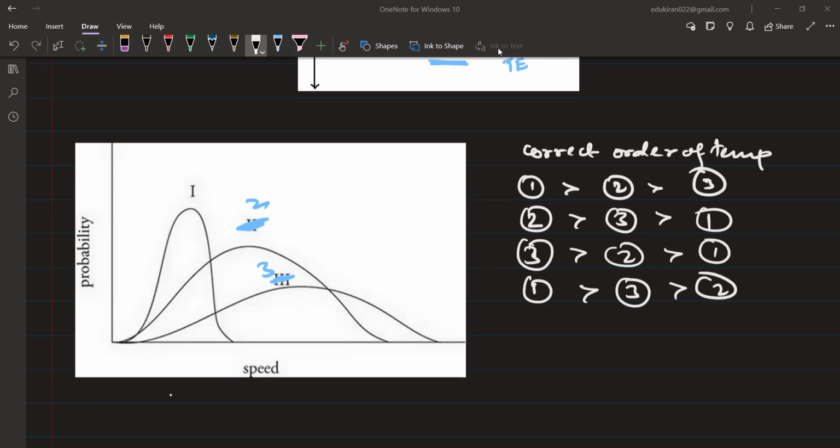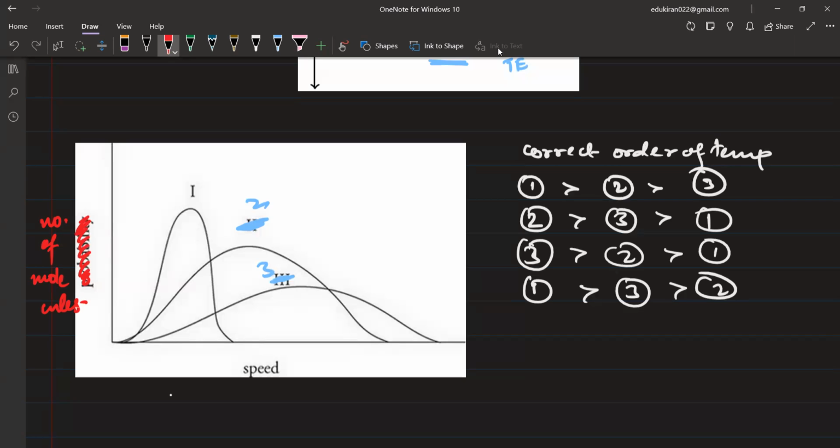The number of molecules, I mean the fraction of molecules, you can say. You can take this as A also. Number of molecules, same thing. Which plot? The first plot signifies that it is going to have what temperature?